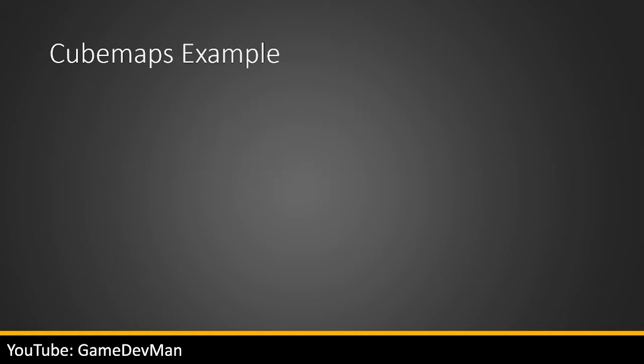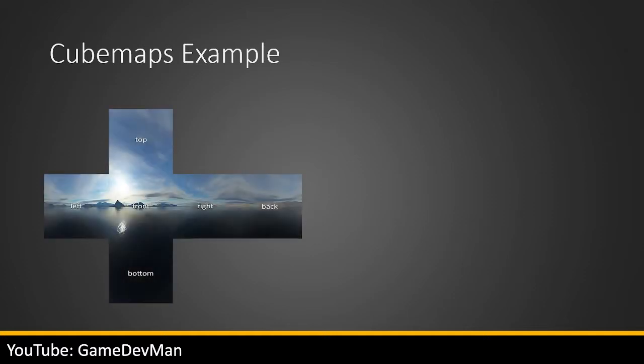Now to give you a quick example of what a cube map is and how it works, we can see these pictures here. This is a standard cube map, and we can see that it has a top, front, left, right, and so on, in this sort of cross section. They don't always have to look like this. Sometimes the individual textures may be in a row, and that is what we'll be creating today when using Unreal.